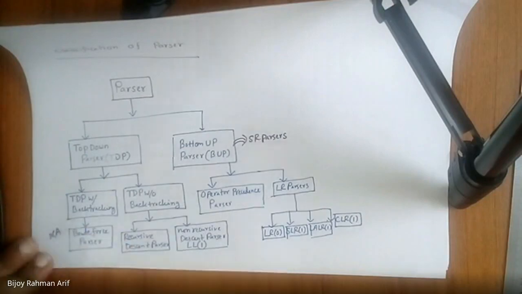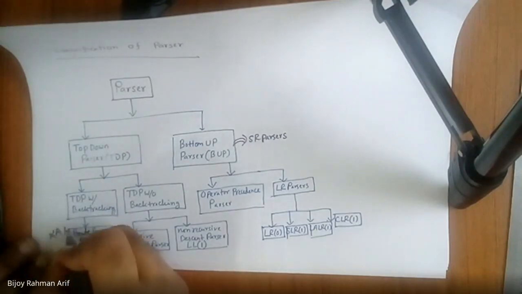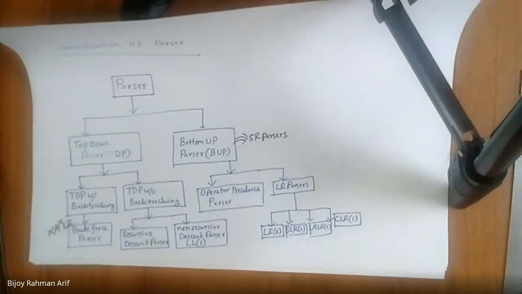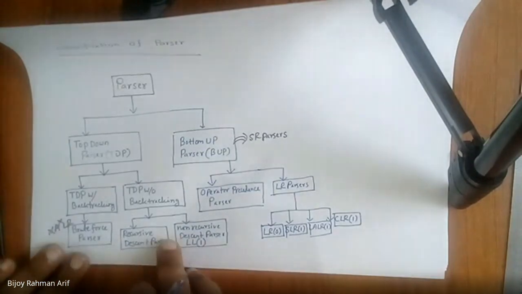No ambiguous grammar. Then it cannot use any left recursive grammar. It can use non-deterministic grammar, true, but it cannot use any ambiguous grammar and left recursive grammar.